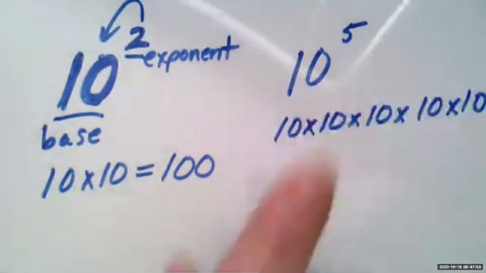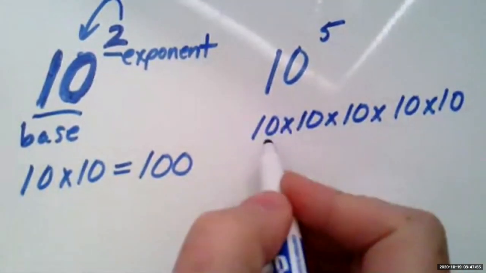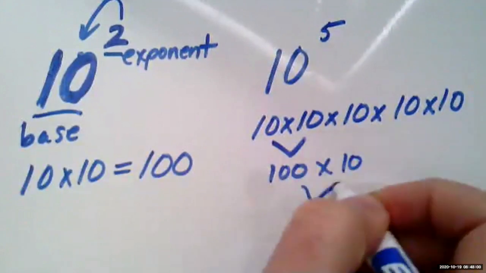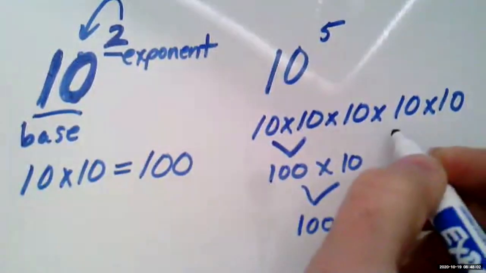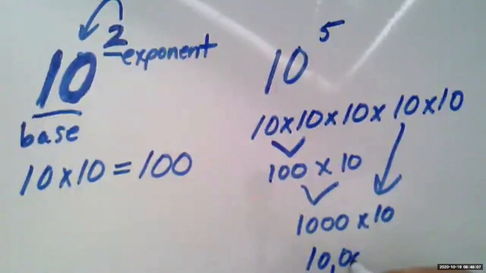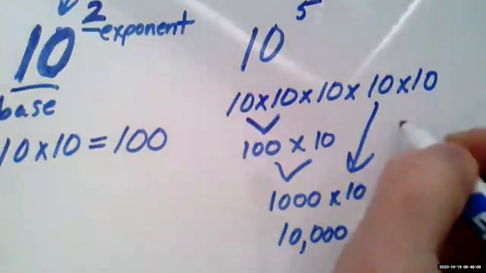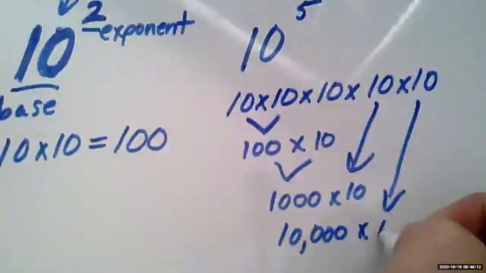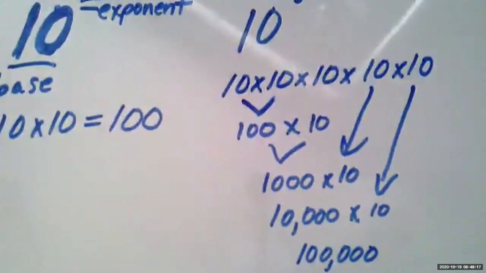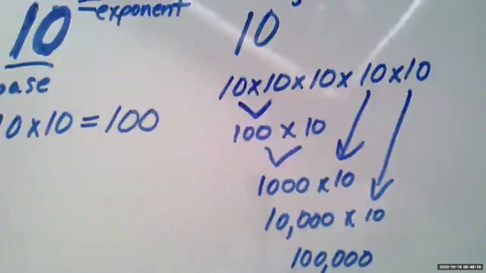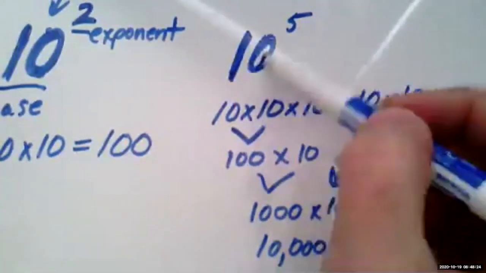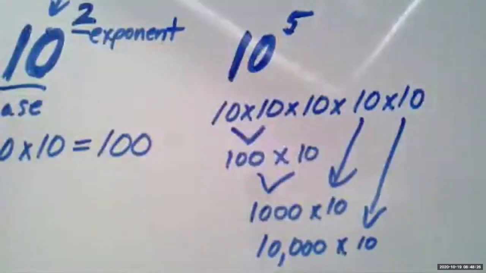And yes, you would actually have to write that out 5 times. 10 times 10 is 100, times 10 again is 1,000, times 10 again, you got to keep multiplying it. It's 10,000 and it keeps going. One more time, you still have times one more 10, giving you 100,000.